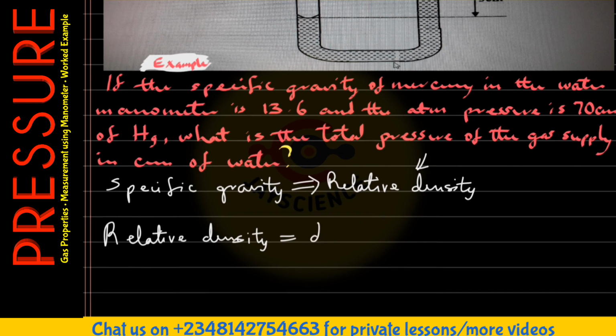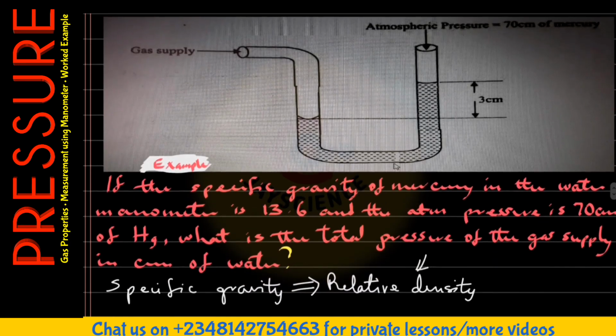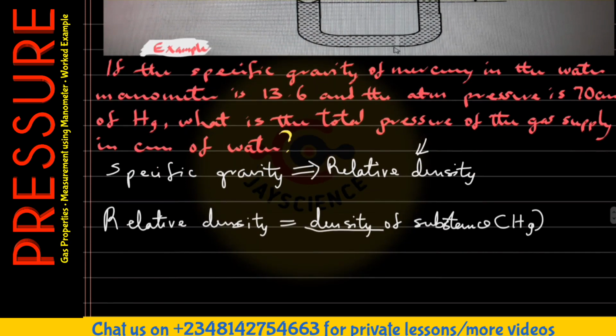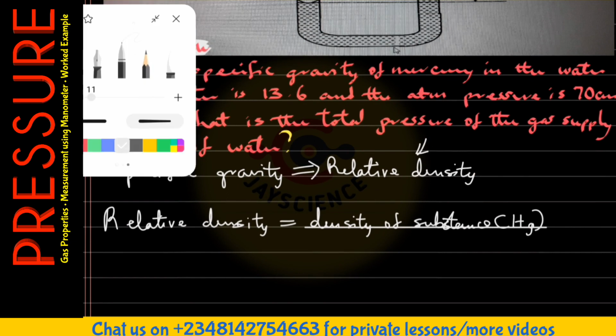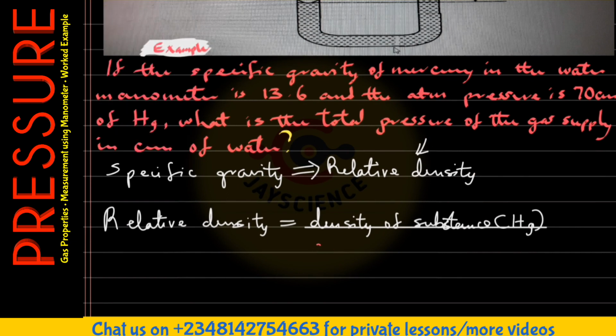The first substance, in the case of this question, is mercury, divided by the density of water. So the density of water is like the standard, so we compare the density of so many substances against that of water.